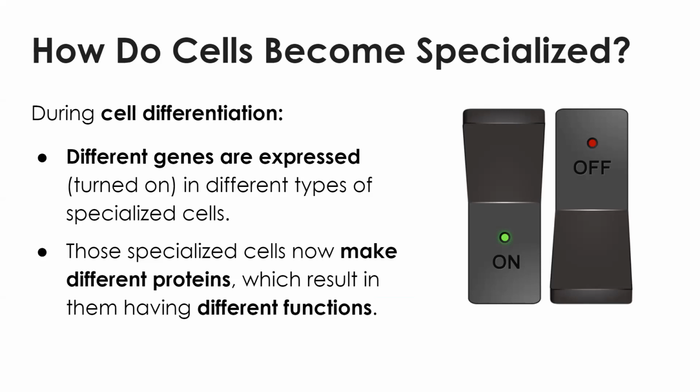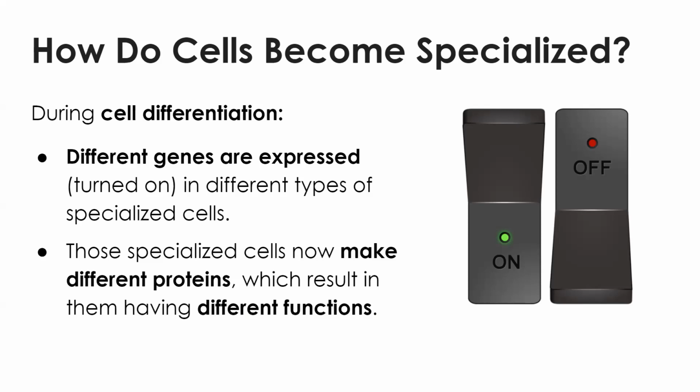Your DNA is made up of millions and trillions of different kinds of genes. Each of these genes codes for a protein that has a function in your body. So there's a protein to make your hair a certain color or texture. There's a protein to make your skin a certain texture or color.